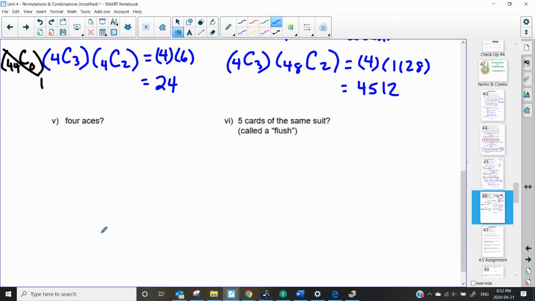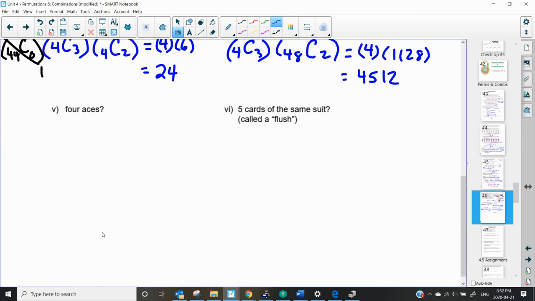Okay, we've got 2 more examples here. So what if we're looking at 4 aces? Well, 4 aces is very similar to the 3 queens. So we have 4 aces here, but this time there is just one non-ace. And so if we plug this in, we would have 4 choose 4.